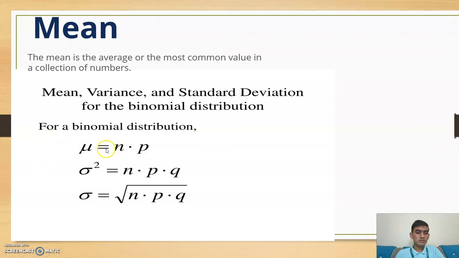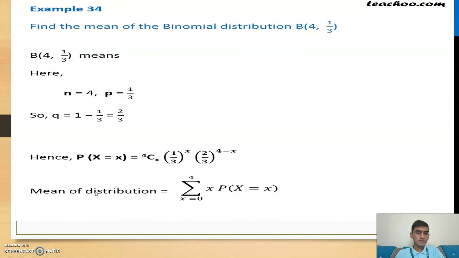To find the mean, the formula is np, where n is the number of trials and p is the probability of success. Variance is npq and standard deviation is the root of npq. The mean is denoted by mu, the variance by sigma square, and the standard deviation by sigma.